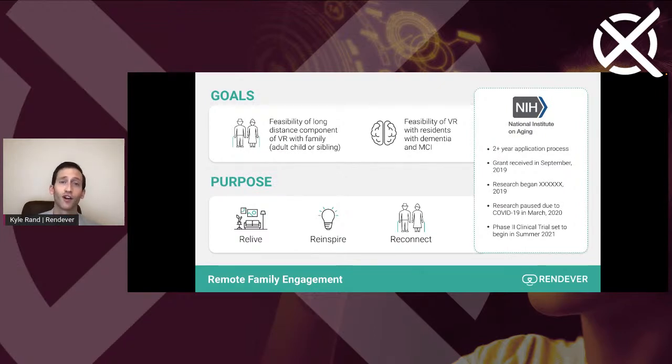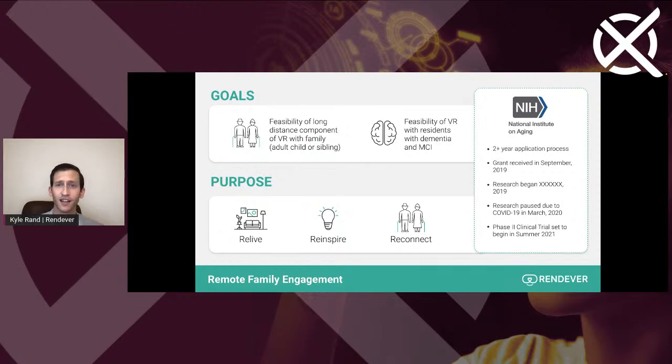We set out to answer 2 questions. One, will this really work across the distance? Because most of our experience with this demographic to date had been in sharing experiences among groups who are seated right next to each other while they're wearing their headsets. And 2, will this work for those on the memory care spectrum?